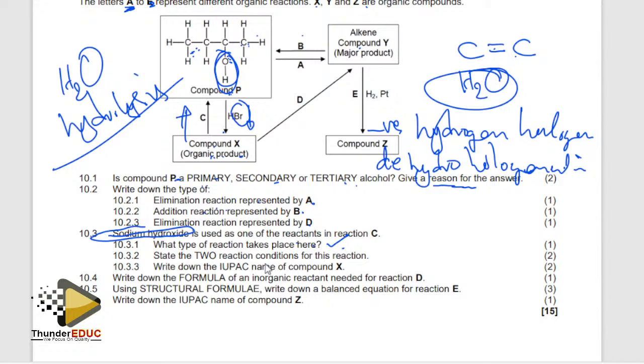State two conditions which are supposed to be present in this reaction. The first condition is this base. They said a strong base is used, so a strong base must be there, and this base must be dilute. So, strong dilute base, like dilute sodium hydroxide. So you must add that word hydroxide.